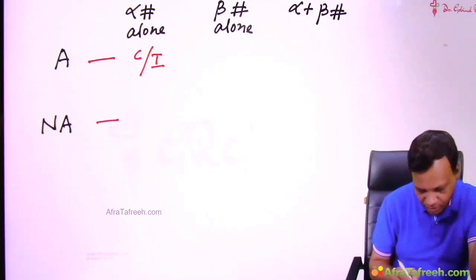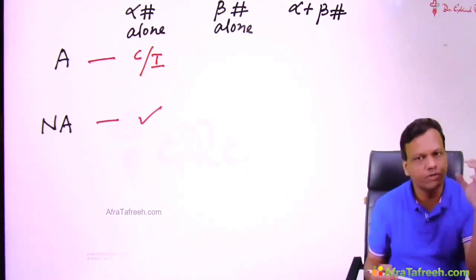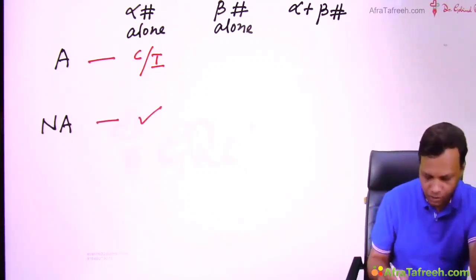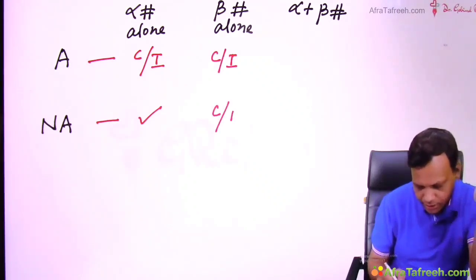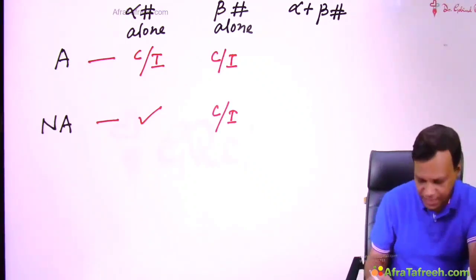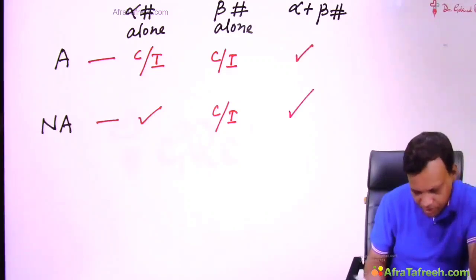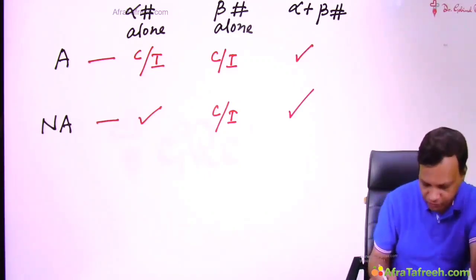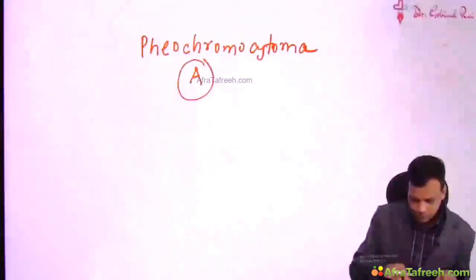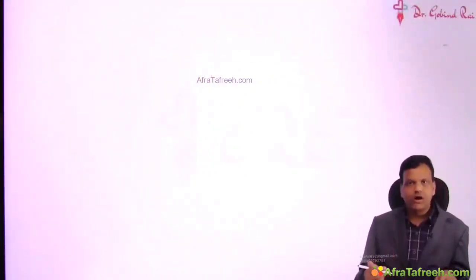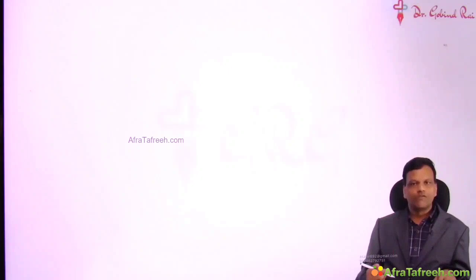On the other hand, alpha blocker alone can be used in noradrenaline producing tumor, no problem. Beta blocker alone is contraindicated in both types of tumors, whereas alpha plus beta blocker can be given in both of them. In fact, for adrenaline producing tumor, the only treatment is the combination. So this is all about the catecholamine group of sympathomimetic drugs.